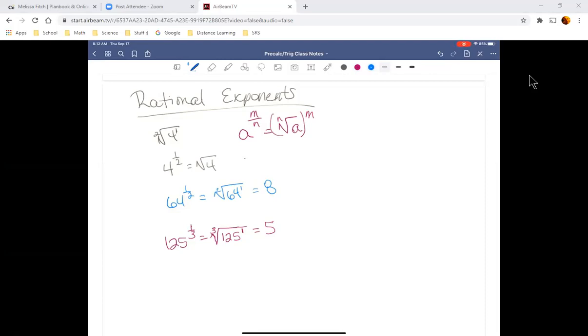So let's say we had 27 to the 2/3. Because it's a fraction, I know it's going to give me a radical sign. I know my radicand is going to be 27. That's all going to be raised to the 2, and I'm taking the 3rd root.